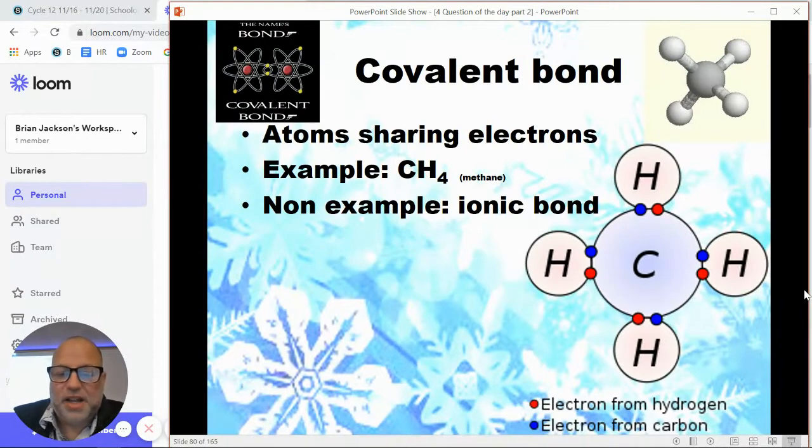So there are tons and tons of examples, but basically what we're going to talk about is the covalent bond. A covalent bond is just atoms that share their electrons. Unlike ionic bonding, where the bigger atom literally takes away the electron from the smaller atom because it's trying to complete its octet, or its outer electron shell, filling up to 8.